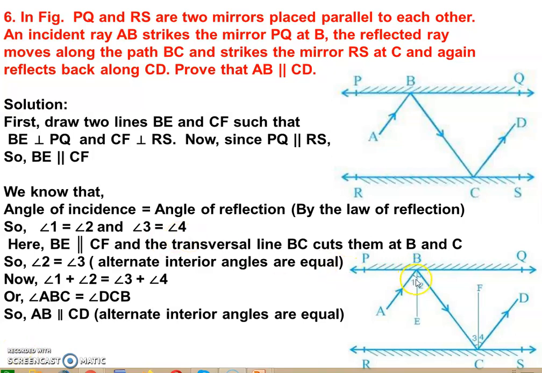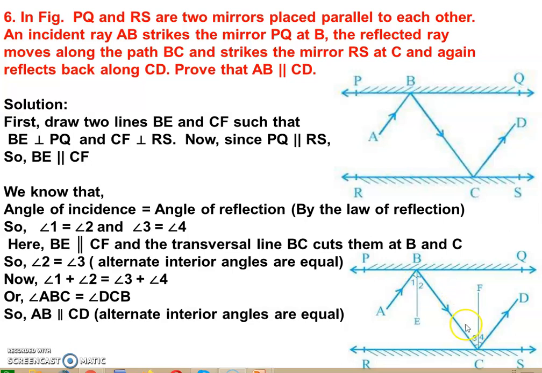Now here angle 1 is the angle of incidence with respect to the normal. This is the incident ray AB and this is the normal BE. So the angle that is formed between the incident ray and the normal is angle 1, the angle of incidence. The angle of reflection is formed between the reflected ray and the normal line. So angle 2 and angle 1 will be equal by the law of reflection.